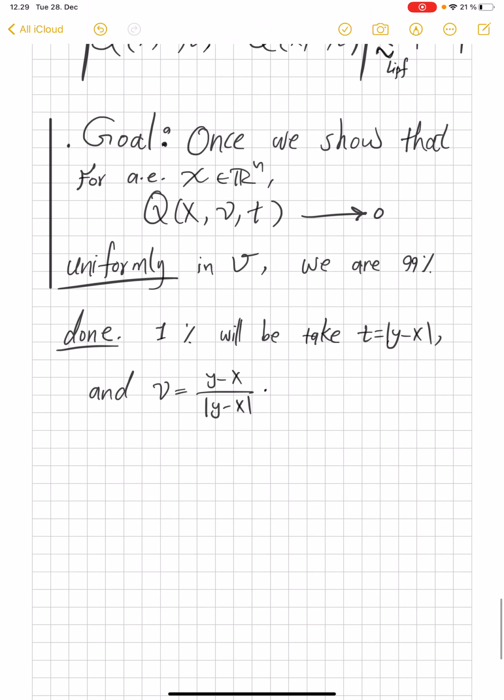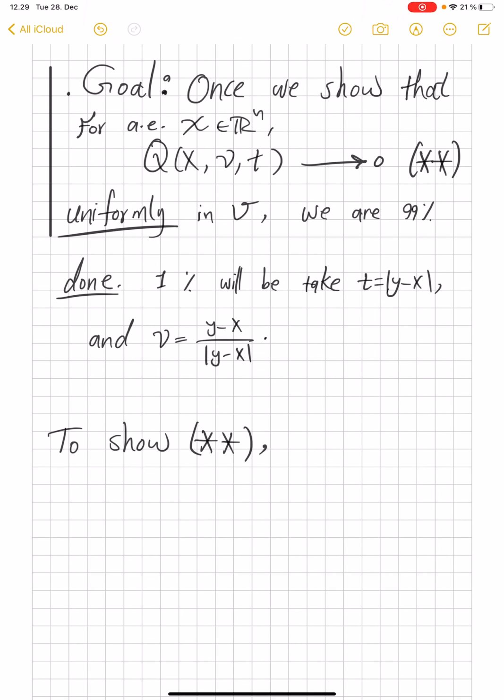And how do you show that? Let's say double star. I don't want to be too sketchy here. I could, but let's see how much detail we can afford.